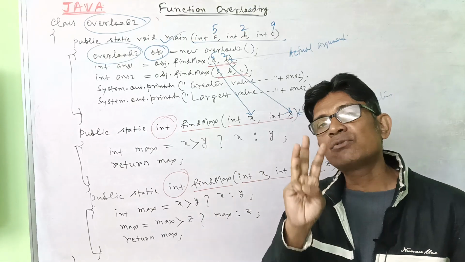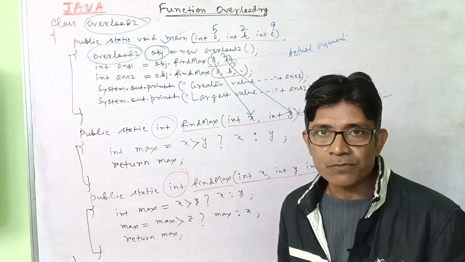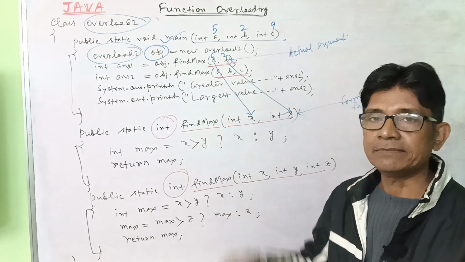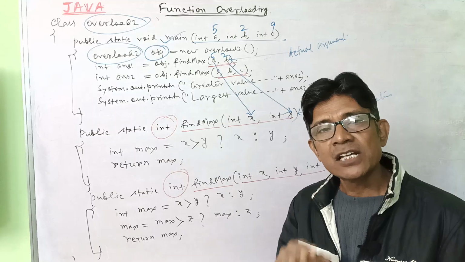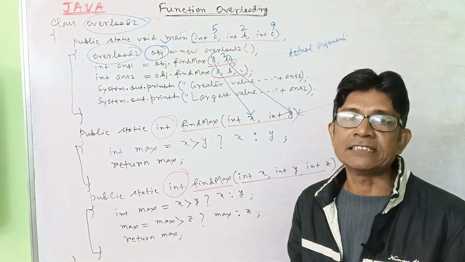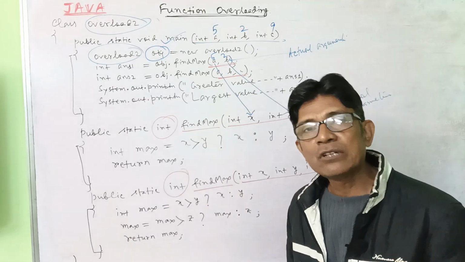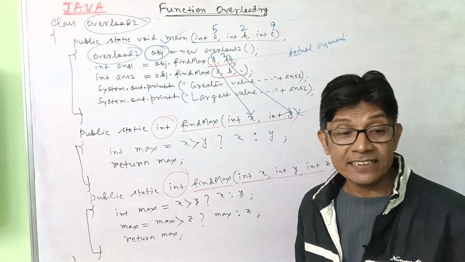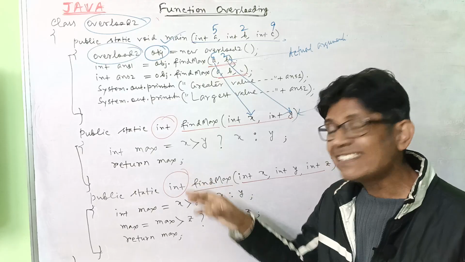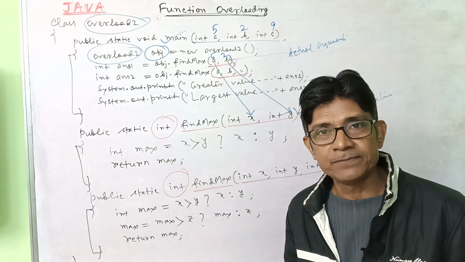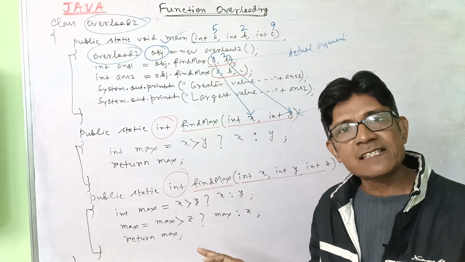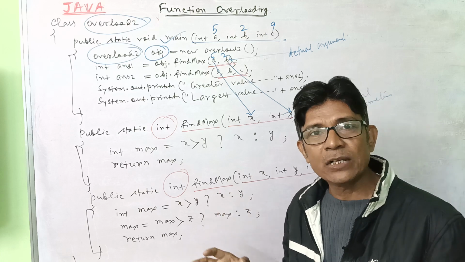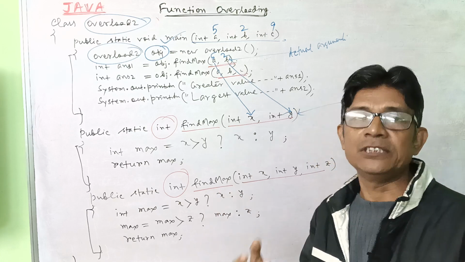Whenever you take three uneven values like 5, 2, 9, meaning all three values are different, the program will work properly. If sometimes the values are equal, we have to change the program. Let me explain this, then you can understand and do it yourself.